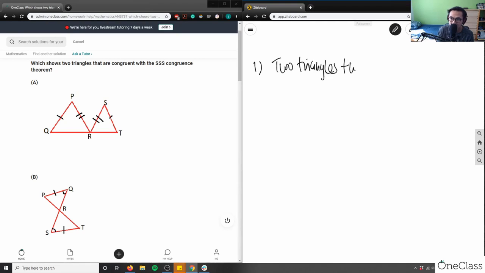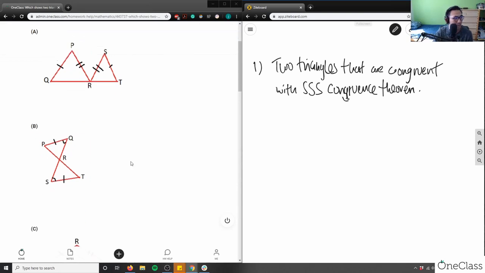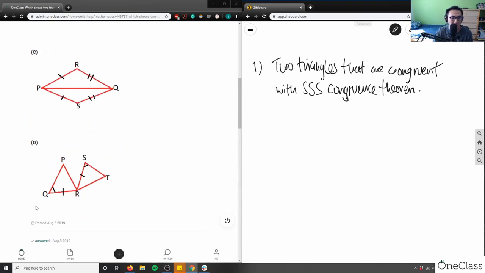This question would be under geometry, right? Because we're talking about congruence theorem, triangles, and sides and angles as well. So this is option A, option B, option C, and then option D.